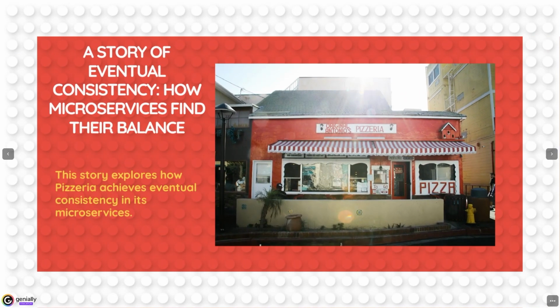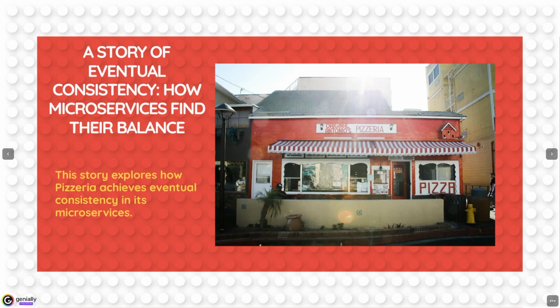So, we have a story here to make it clearer. Eventual consistency in microservices, the pizzeria story. For great customer experiences in the digital world, backend systems need to work well.